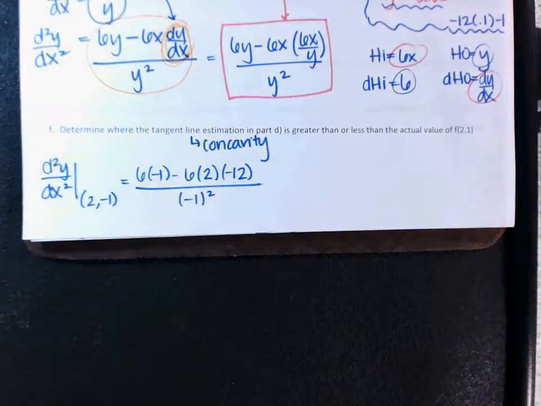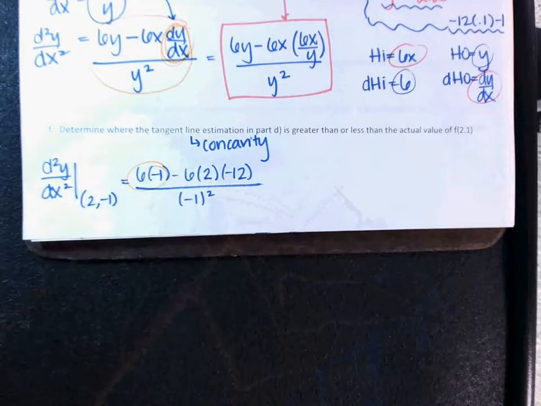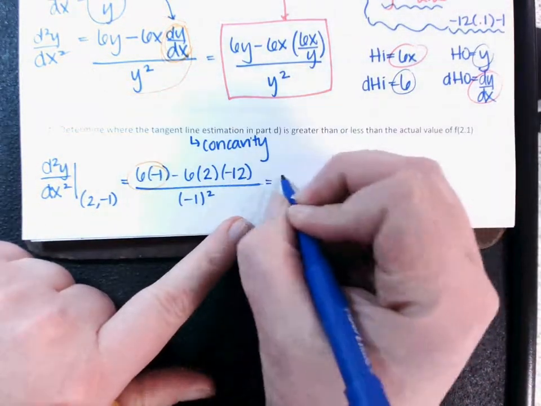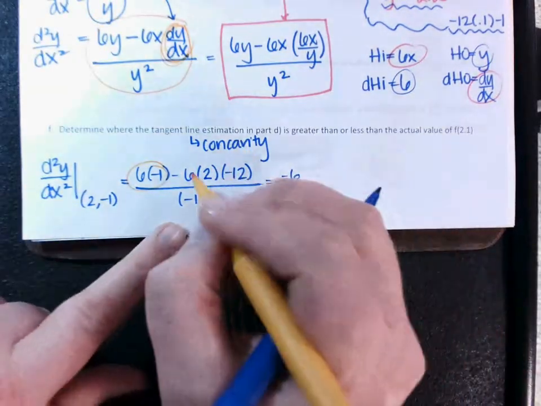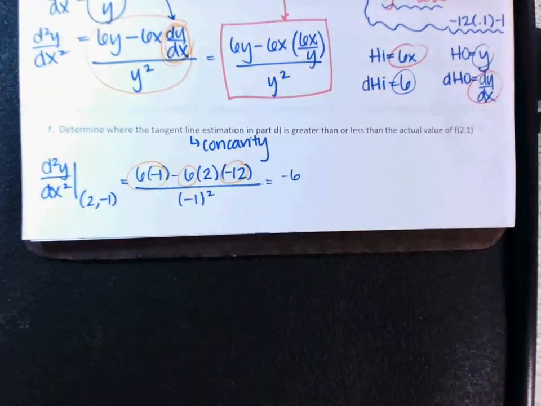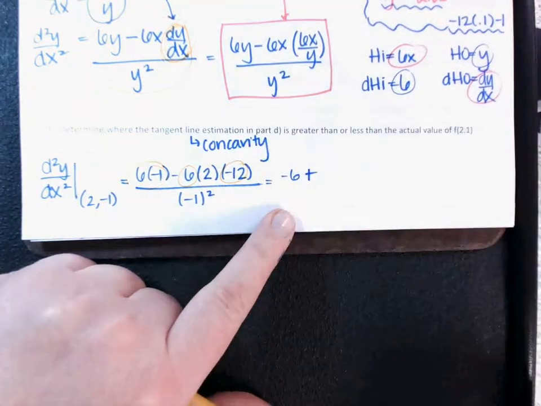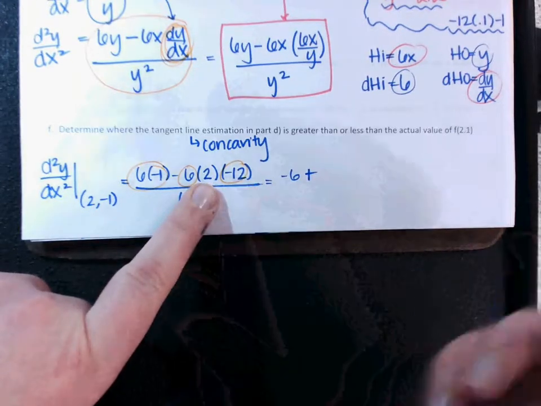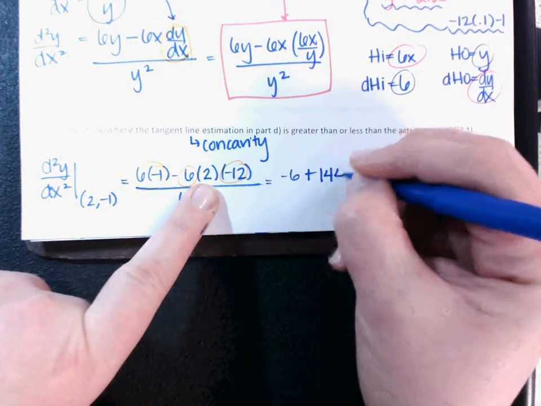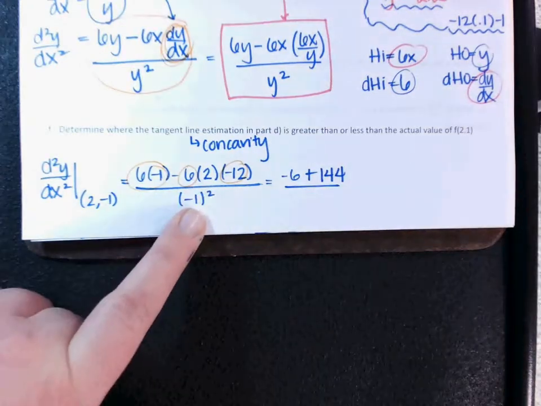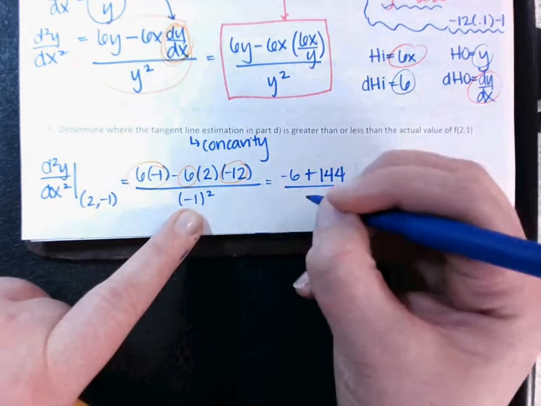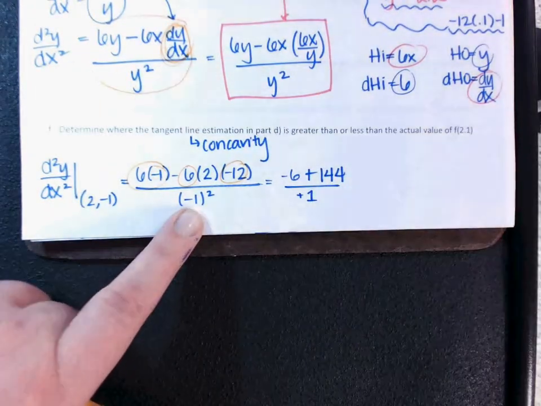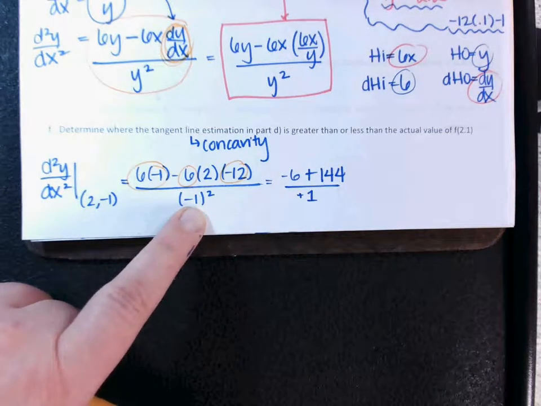Okay, now, overall, looking at the signs, when I multiply here, 6 times -1 is -6. But -6 times -12, that second term is going to be what? A plus. 6 times 2 is 12, times another 12. 12 times 12 is... And then on the bottom, I have a -1, but it's squared, so that's going to turn to a +1. Now remember, I don't care necessarily about the number.